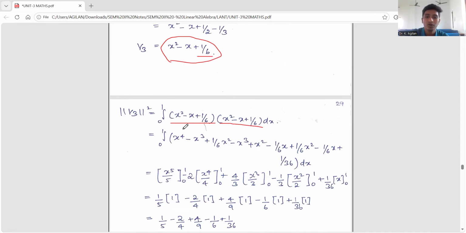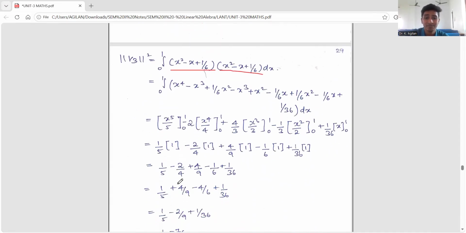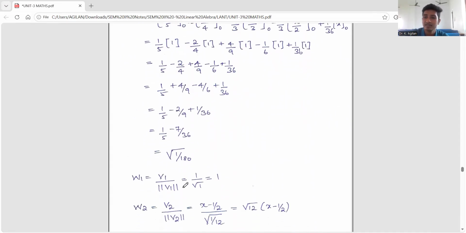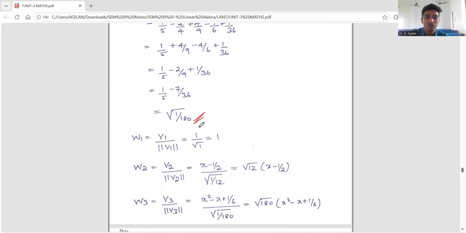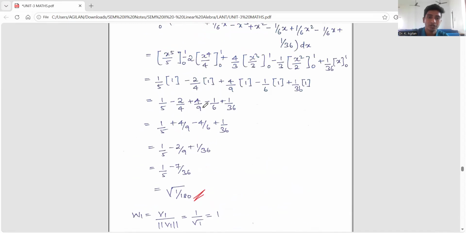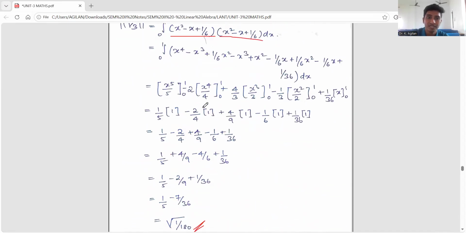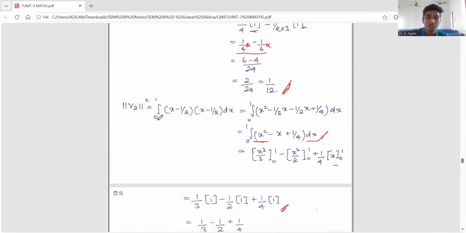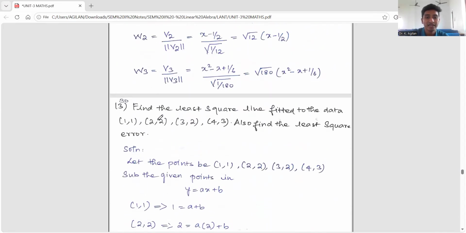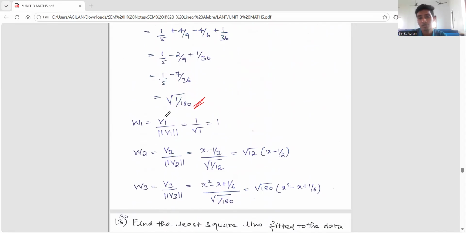After this multiplication and simplification, taking the simple integration, we get this result. So from u1, u2, u3, v1, v2, v3, the norm of v1 squared, the norm of v2 squared, and the norm of v3 squared, finally we can conclude the orthogonal basis.